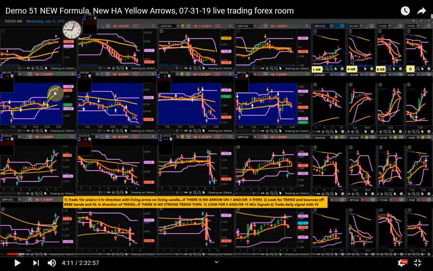Okay, right, so we've taken it down. What we're going to do is when price comes down to the 5 minute orange line, we're going to look for signs on the HA chart to take it up. If it hits the HA BB band, we're going to take it up with a similar stop loss, okay, below the 5 minute orange line.